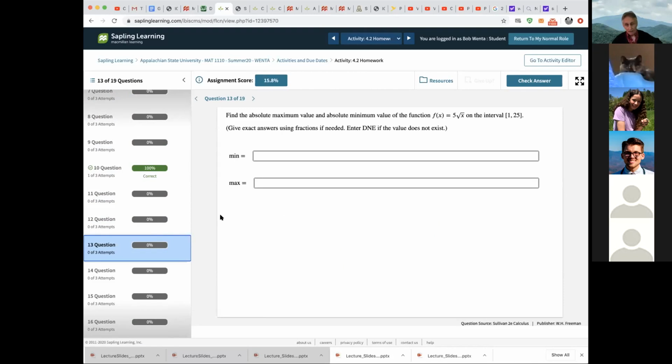Remember, anytime you're doing absolute max and absolute min, what you're going to be checking is the critical points and the endpoints. So definitely on this problem, if we check nothing else, we're going to check 1 and 25, plugging them into the original function. But now we're also going to take the derivative of this function, okay?